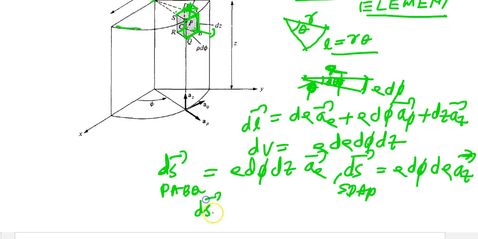Similarly, ds for DABC is very simple: d rho dz, and the unit vector is a_phi, because the outward direction from that surface is the a_phi direction.